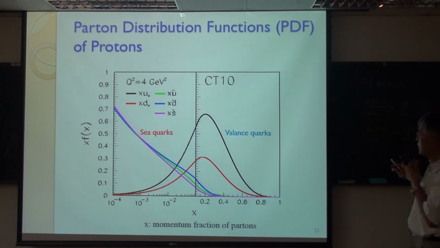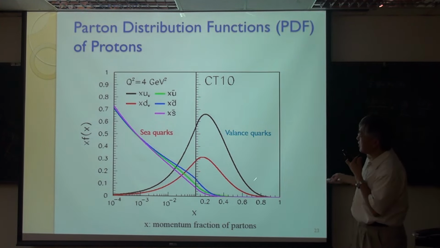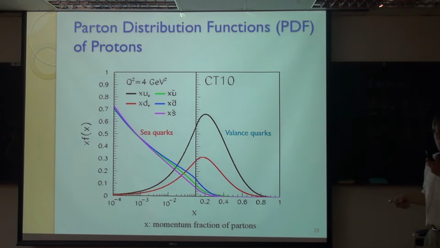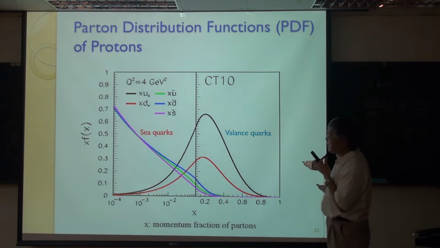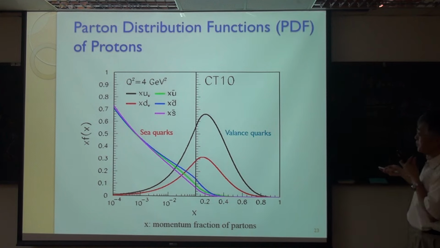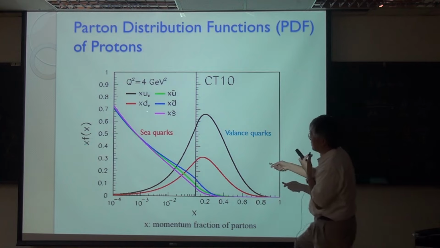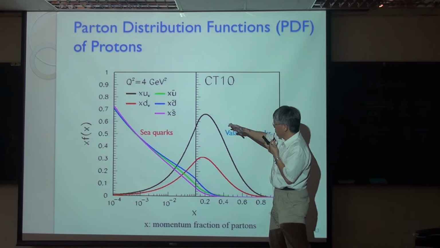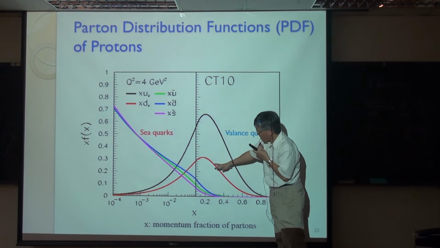So through these things, we have some kind of contribution from many DIS and Drell-Yan experiments. This is the so-called parton density distribution, which shows how these various contents, as I introduced, like this 2u and the 1d.